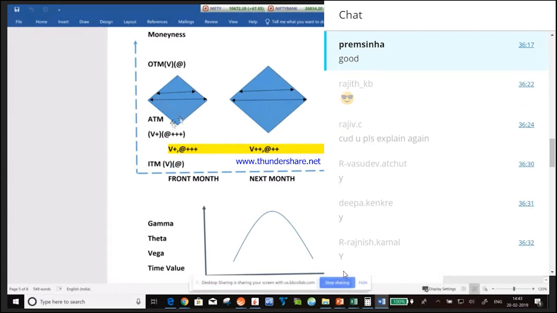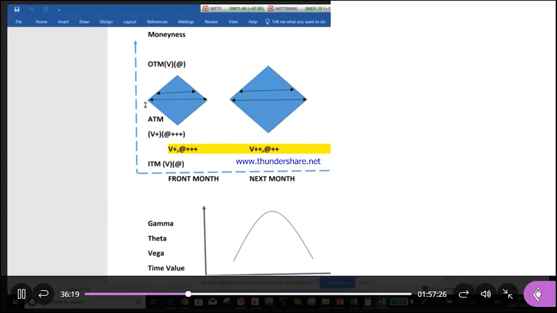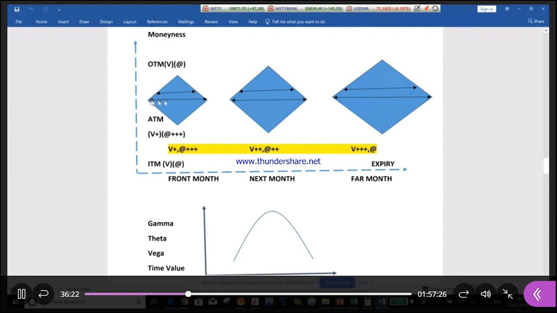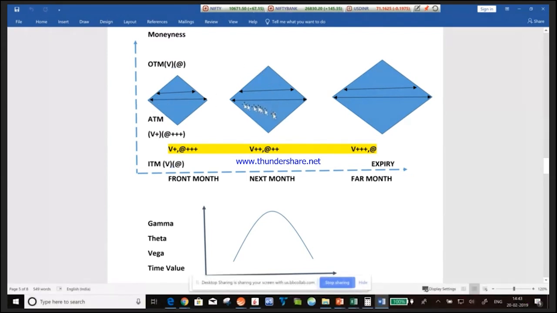Now, if you see, this is the front month. The same thing, the same at the money strike. Next month, is this bigger than the current one? Is this segment bigger than the current? So when you change your expiry for the same strike, the impact of volatility changes.